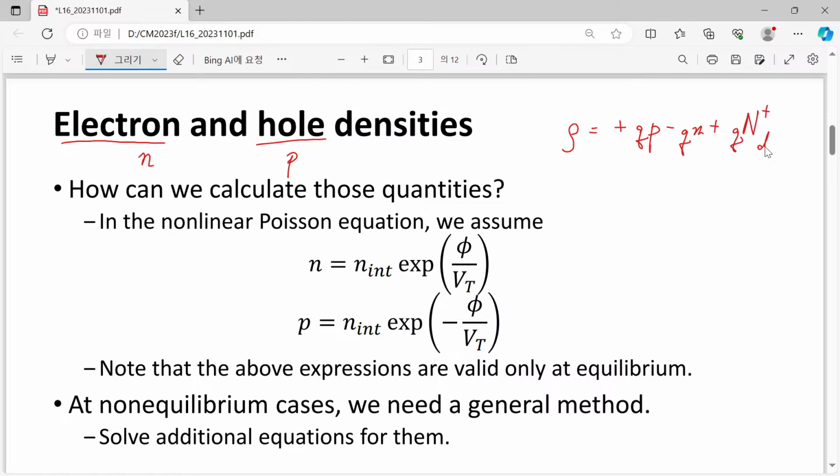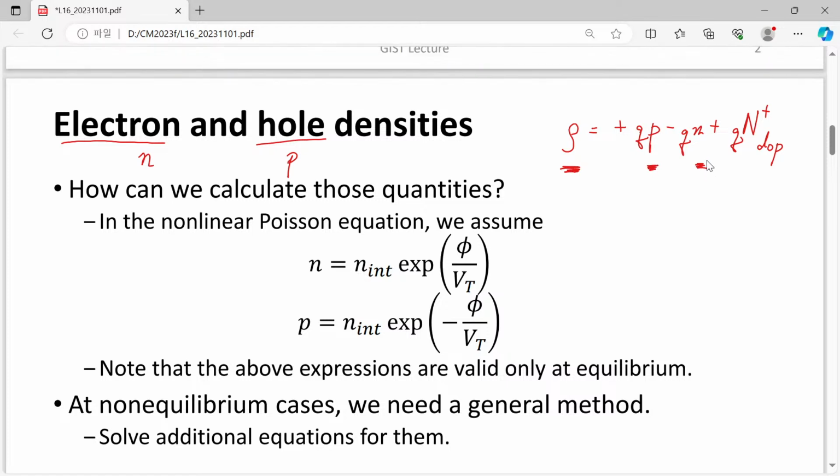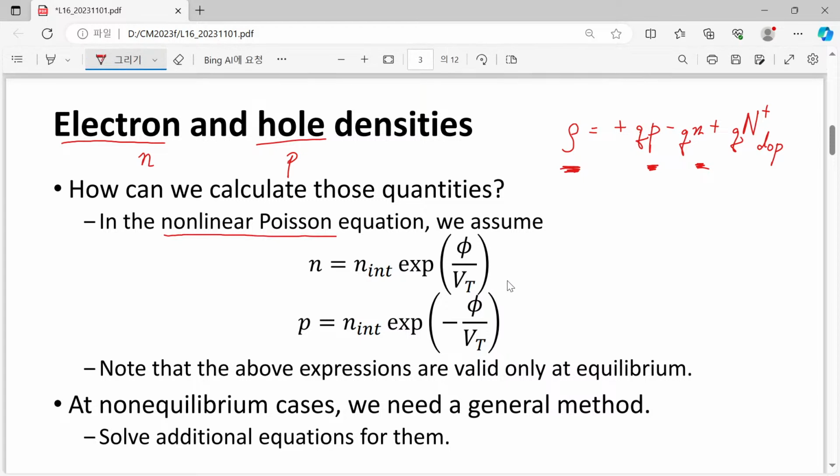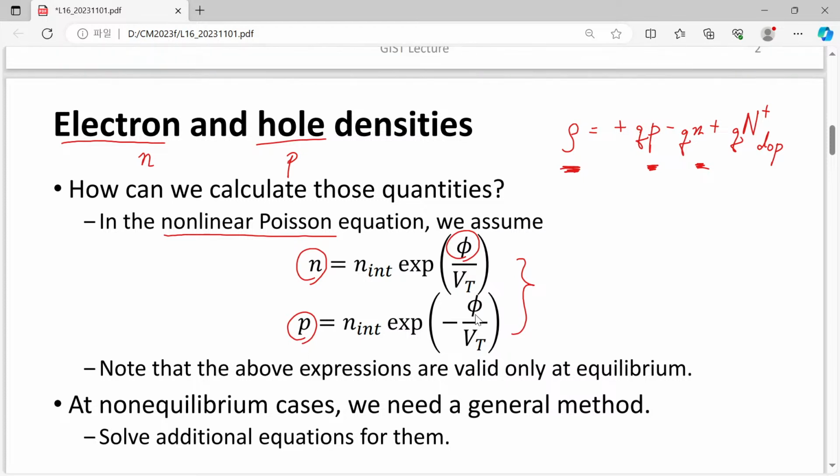Due to doping, in order to calculate the net charge density, we must know the hole density and electron density. In the case of the nonlinear Poisson equation, we have introduced certain expressions for electron density and hole density. Electron density is simply locally dependent on the electrostatic potential. Also, the hole density at a certain point is locally dependent on the electrostatic potential at that point.